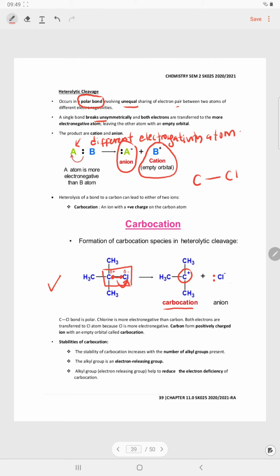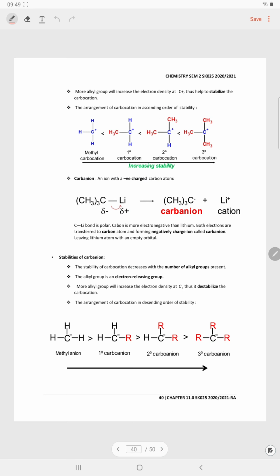So this covalent bond cleavage occurs according to the polar bond. When we compare the stability of the carbocation, the factor is also the alkyl group. The greater the alkyl groups, the more they reduce the electron deficiency of the carbocation.